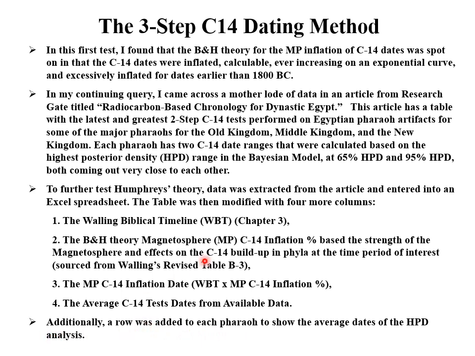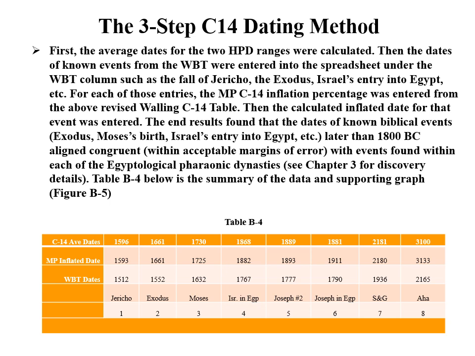Okay. All right. So first, the average dates of the two HPD ranges were calculated. Then the dates of known events from the Wallen Biblical Timeline were entered into the spreadsheet under the Wallen Biblical Timeline column, such as the fall of Jericho, the Exodus, Israel's entry into Egypt, etc. For each of those entries, the magnetosphere carbon-14 inflation percentage was entered from the above revised Wallen C14 table.